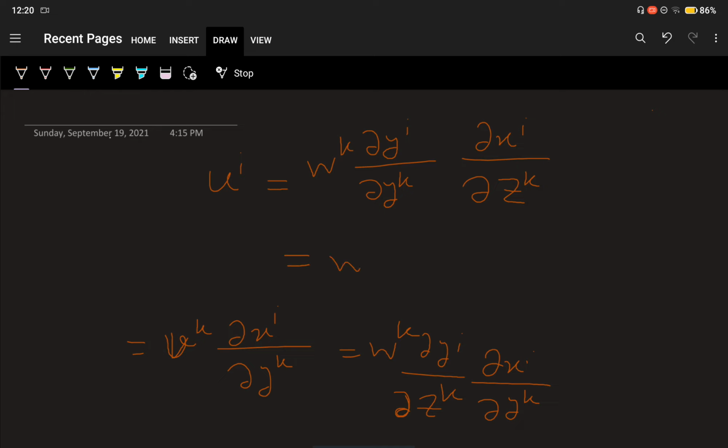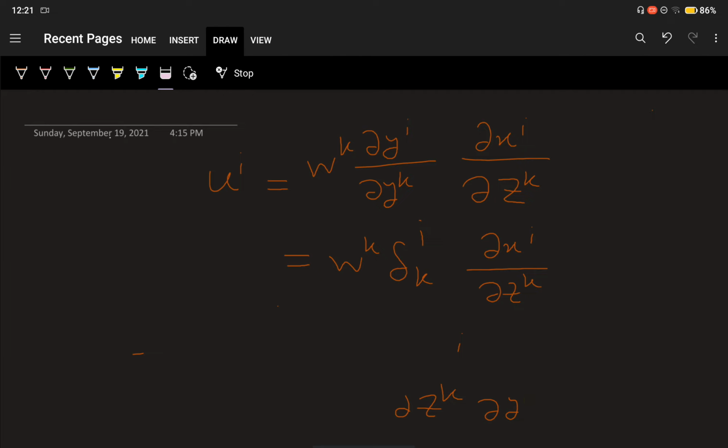That can be written as wk delta ik del xi divided by del zk. This is the Kronecker delta function, so that can be written as wi del xi divided by del zk.